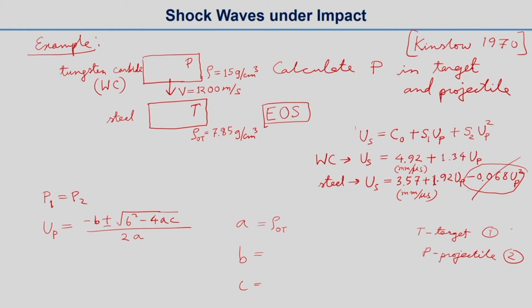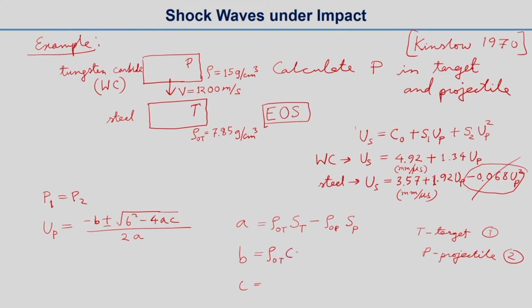We keep it as 1 and 2, but today we will keep it as T and P. So, this is rho naught T ST minus rho naught P, P for projectile, SP.